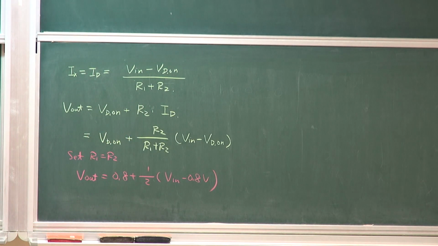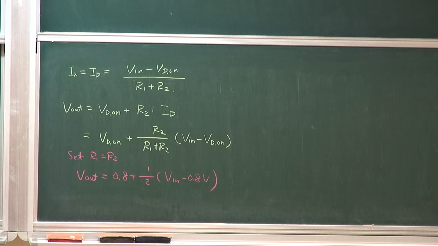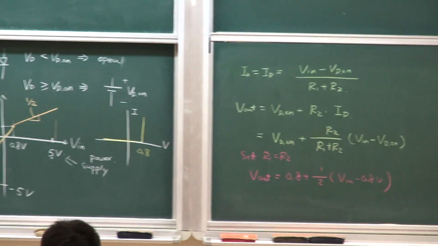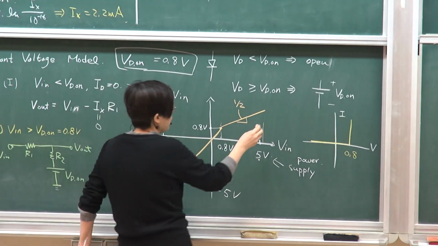Okay? So what happens is that you will then actually see this. You will then flatten out with a slope of 1/2. This is the slope of 1. Right? And the good thing is that you can actually get the boundary point as well.